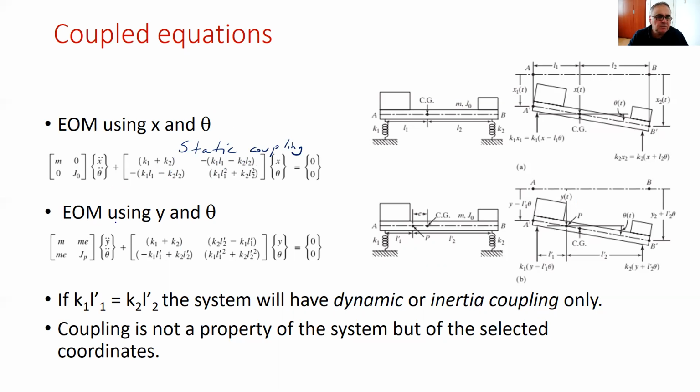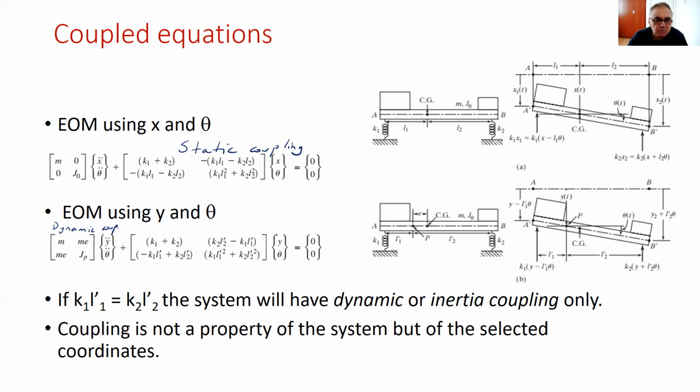On the other hand, if you use y and theta, and y we said is a distance of e from the center of gravity, if you write the equations like this, you will get, in your mass equations, an me term. So you have dynamic coupling here. And also you will have static coupling as well, because you will have cross terms here.